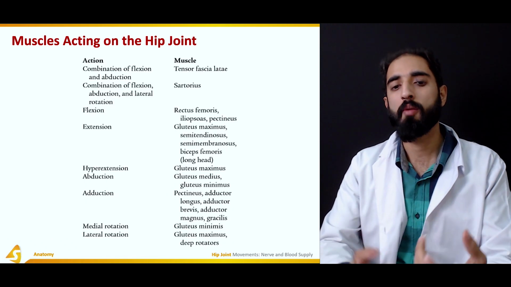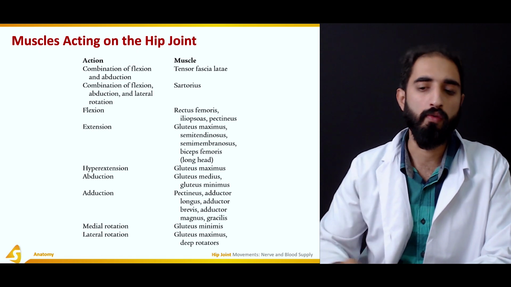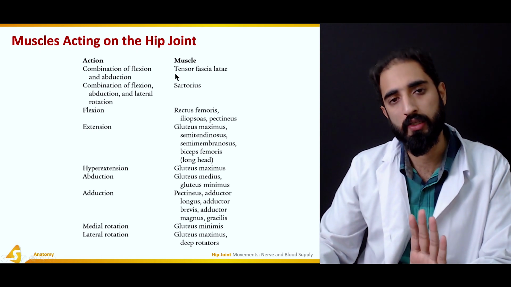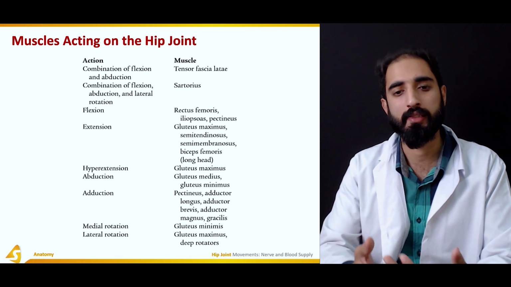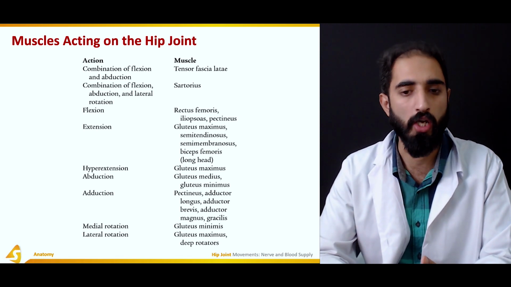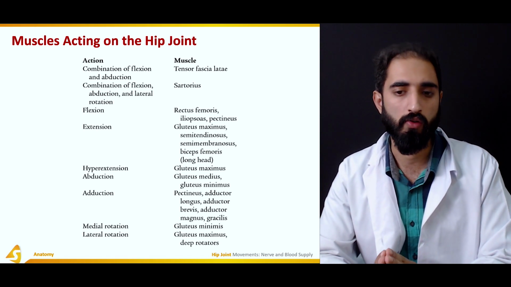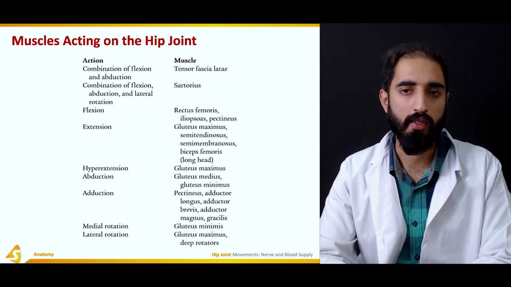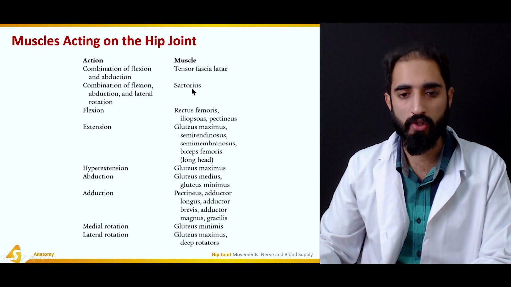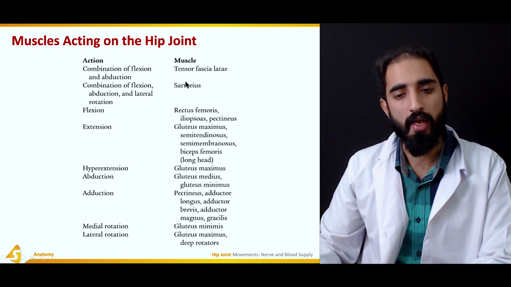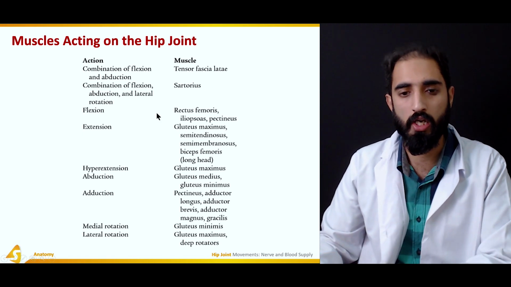Now, if we talk about all of these muscles in terms of their action at the hip joint, we have the tensor fascia lata, a multiple joint muscle, which performs two functions at the hip joint. It acts as a combination of flexion and abduction. Moreover, sartorius also acts in a combination of flexion, abduction, and lateral rotation, also known as external rotation, and it is tested by its function known as FABER, which stands for flexion, abduction, and external rotation.